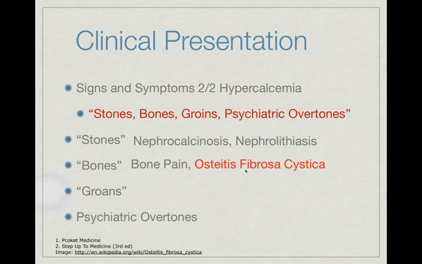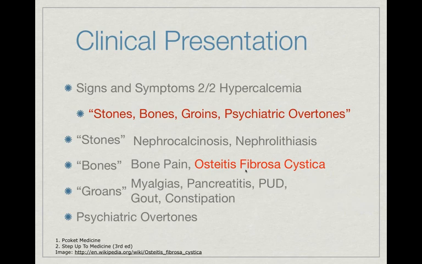Groans. What are the groans? So these are myalgias, pancreatitis, PUD, gout, constipation. All of these, again, are downstream of high levels of calcium. Calcium stimulates pancreatic enzyme activity, which causes autodigestion of the pancreas, which is effectively pancreatitis. PUD, because calcium leads to increased secretion of gastrin.